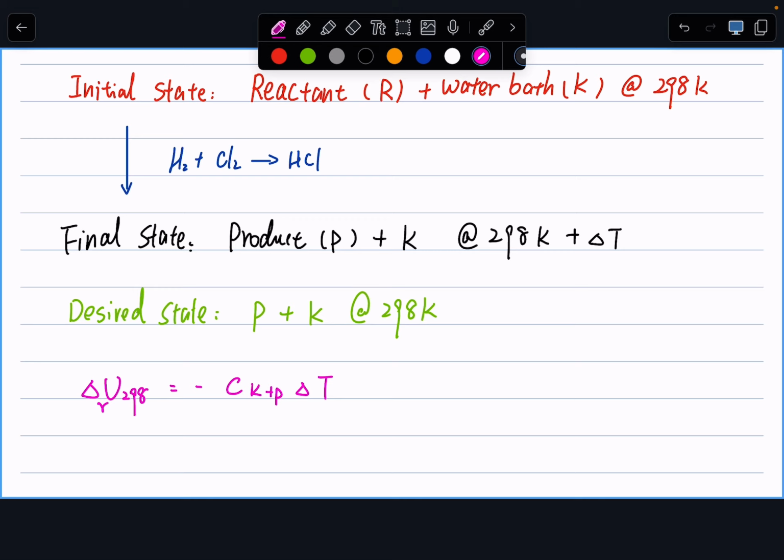So we have a way to measure this heat capacity of my water bath plus the product. Delta T is the amount of temperature change. So heat capacity times delta T gives you your change of internal energy in here.